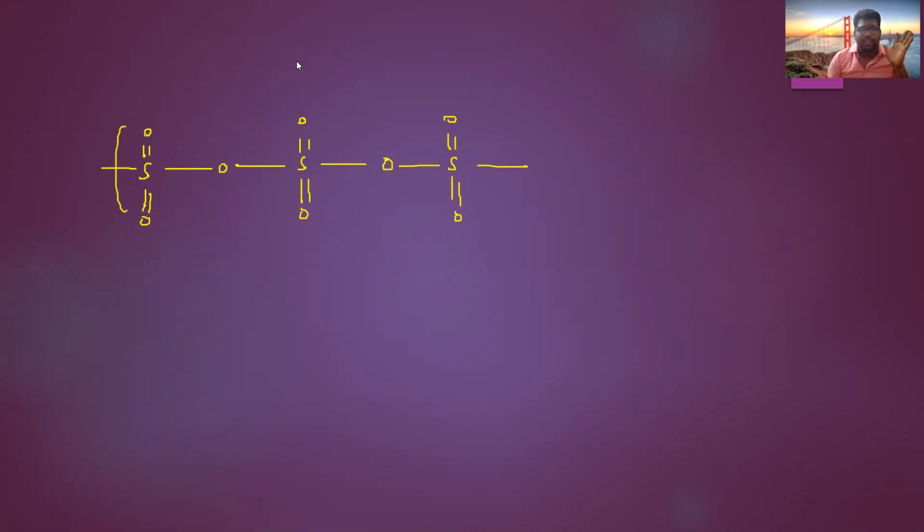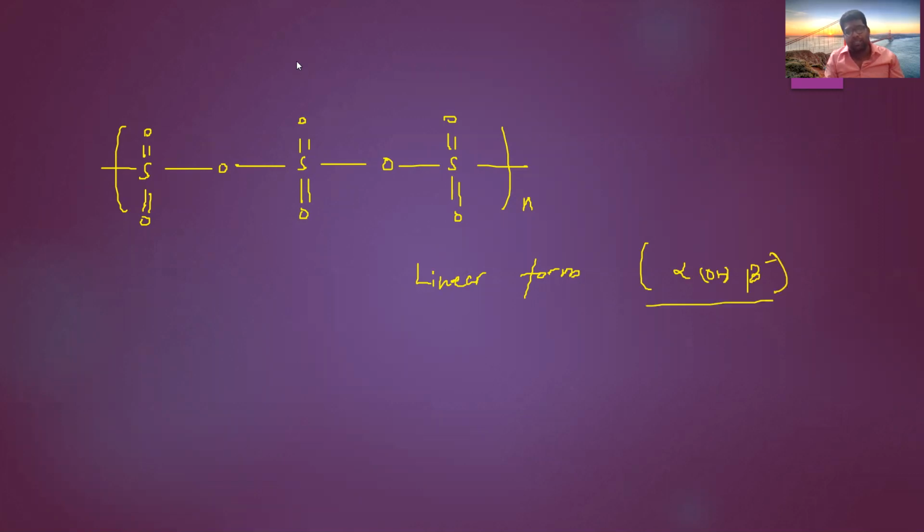It is a polymer, which means it is linear form. This linear form is only possible for the alpha or beta allotropic form of sulfur trioxide. Alpha or beta is possible for linear; cyclic is mainly gamma.